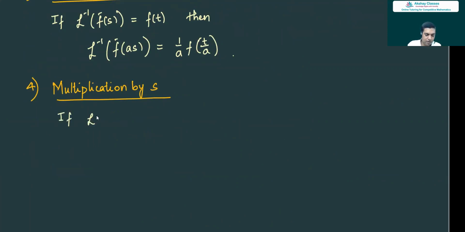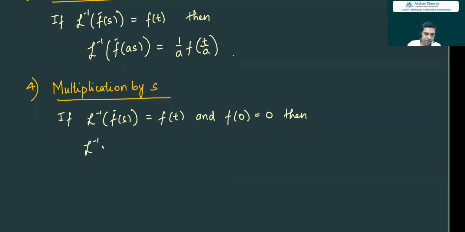Now if Laplace inverse of f bar of s is equal to f of t, and f of 0 is equal to 0, then Laplace inverse of s into f bar of s is the derivative of f of t.